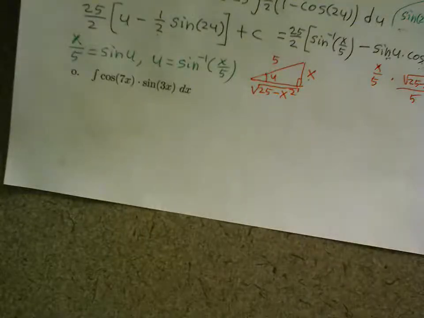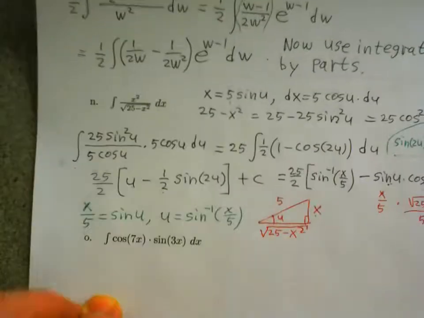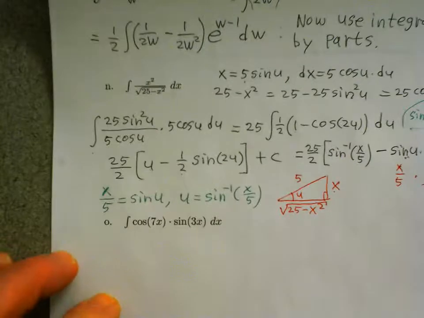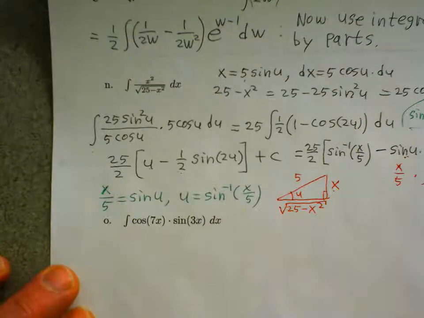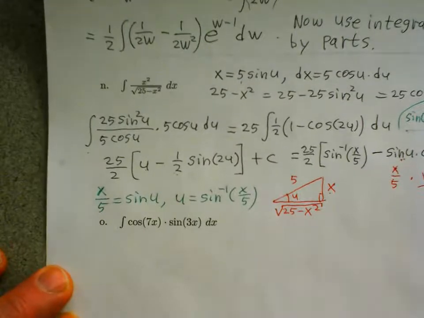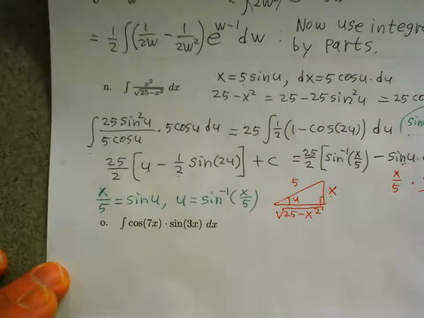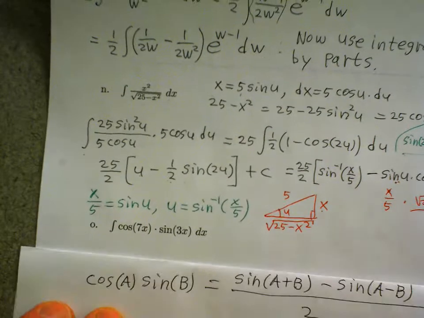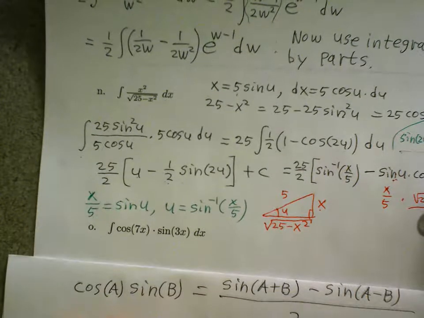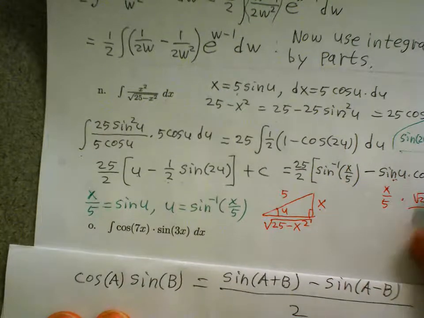Okay, so for this one, if we remember that identity, I'll see if I can make it visible at the same time we're going to use it. So you might be able to see that.